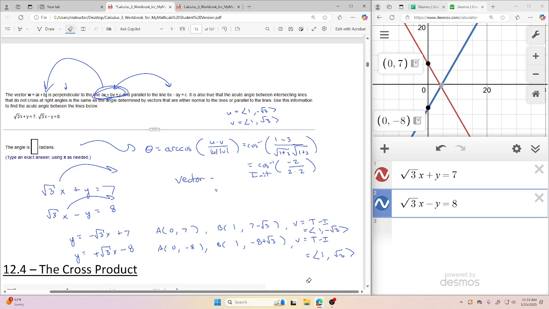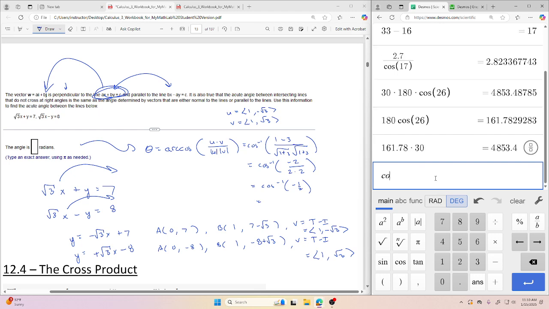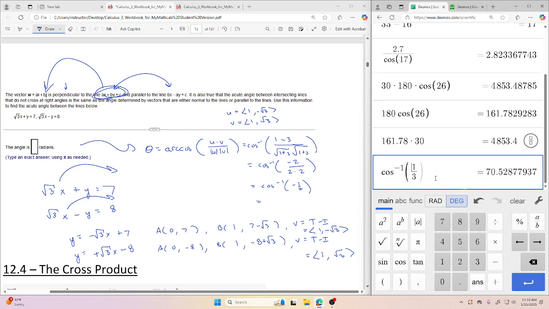Need to get rid of all this. I need more room. So cosine of negative half. Let's check it out. I think it's like 30 degrees or something, oops, 60 degrees.